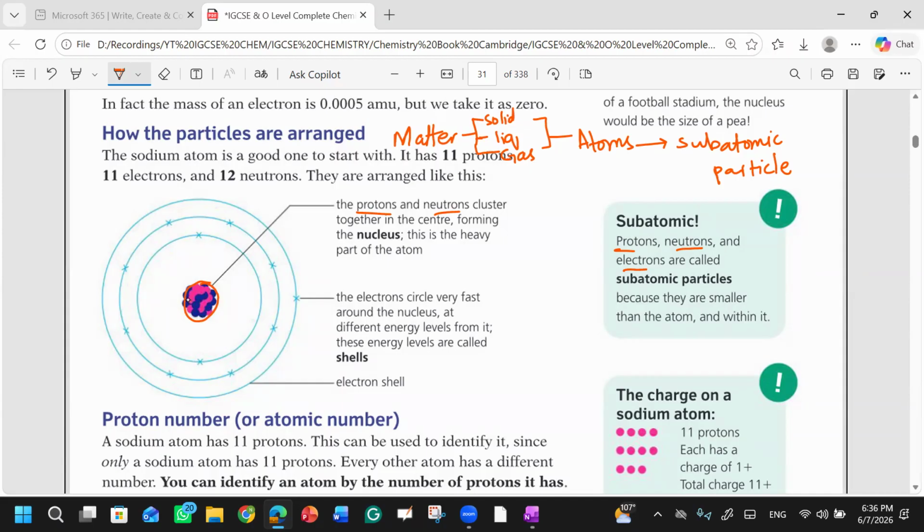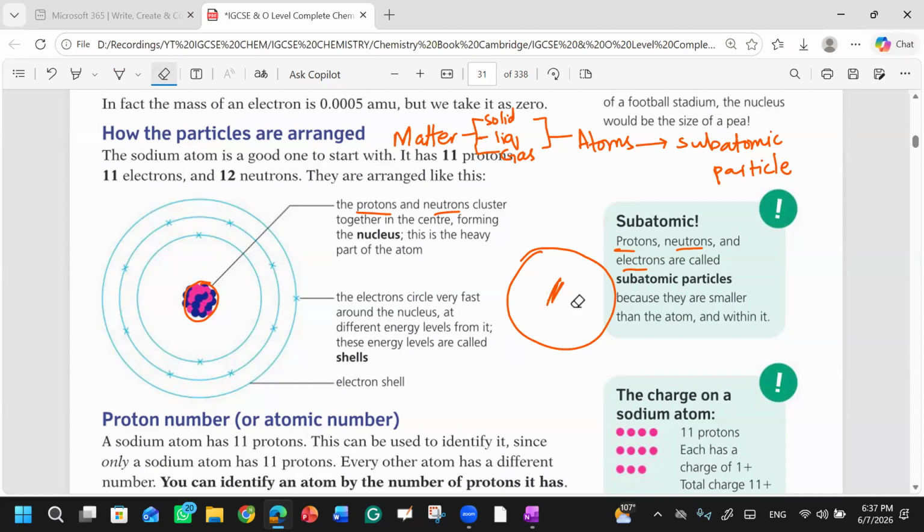Just like the nucleus of a human cell, we say that the nucleus is the denser region in the center. Why? Because the nucleus contains the genetic information, and the nucleus controls the cell.